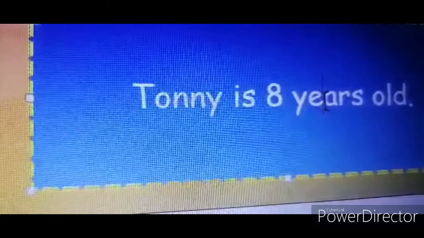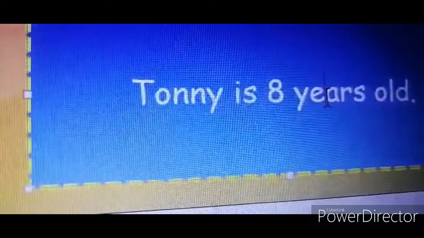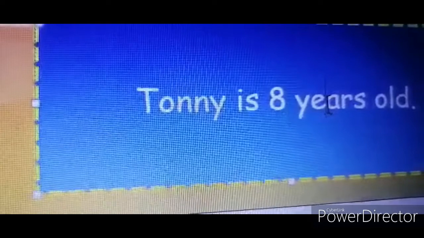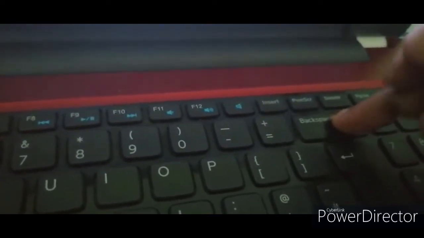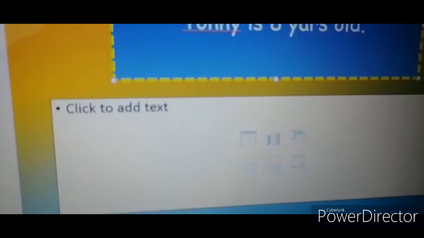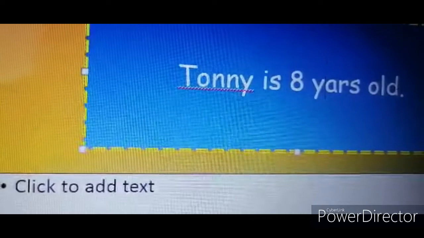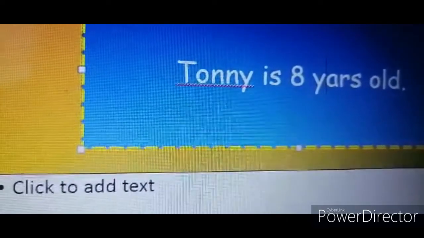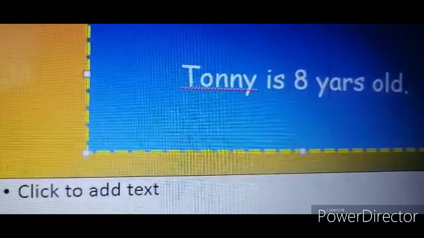And here the letter on the left of the cursor is letter E. So let's do it. I press backspace key once. And is letter E gone? Yes. So backspace erase letter found on left hand side of the cursor.